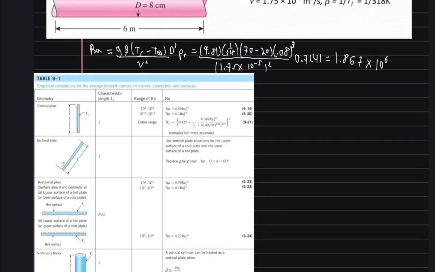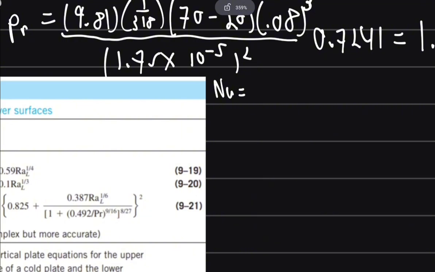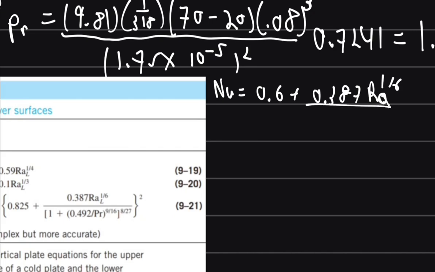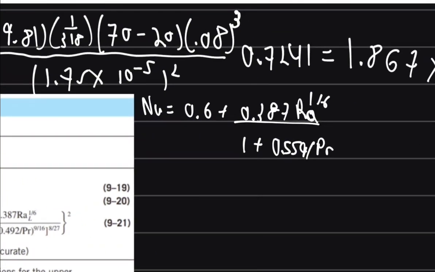So let's write out the equation. We have the Nusselt number is equal to 0.6 plus 0.387 times the Rayleigh number to the 1/6, divided by 1 plus 0.559 divided by the Prandtl number, to the 9/16, and this entire bottom is to the 8/27.